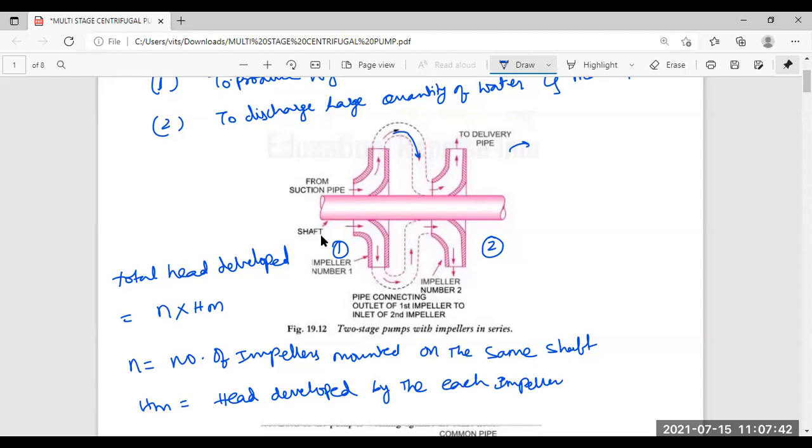In this case, the N value is 2 and HM is the head developed by each impeller. So this is the total head developed by the multi-stage centrifugal pump.